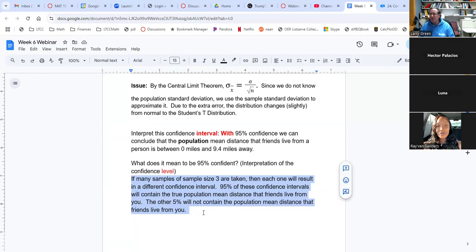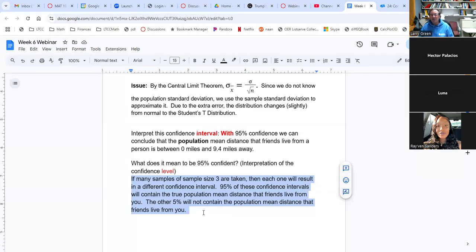Any questions? Okay. So one thing I might ask is, why don't you just be 99% confident? Because then you would be wrong a lot less often. Where do you lose out if you decide you want to be 99% confident?